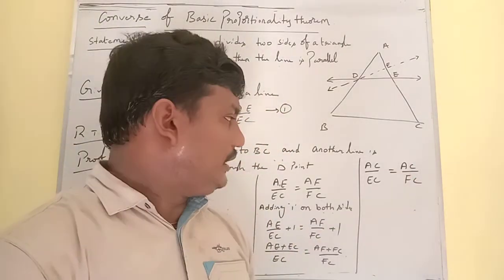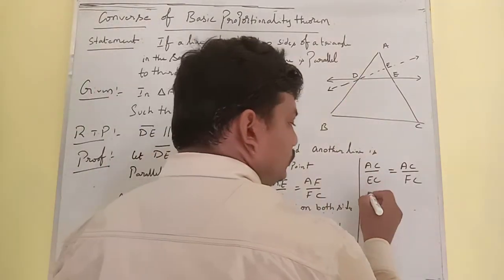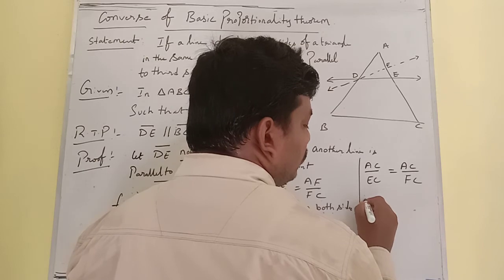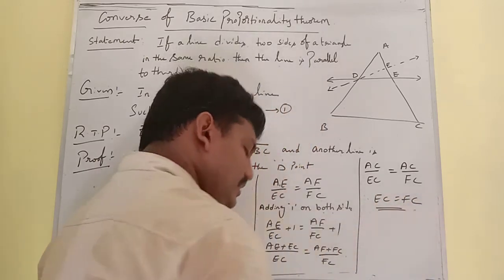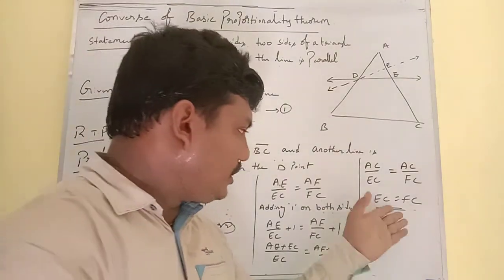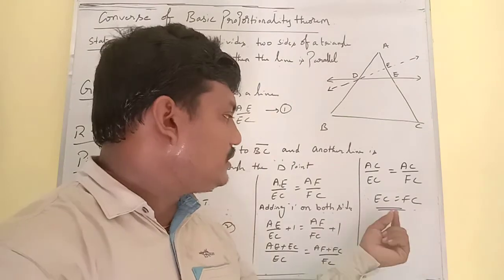Now what it indicates is that the numerator parts are equal, so therefore EC is equals to FC. What it means is that EC is equals to FC.